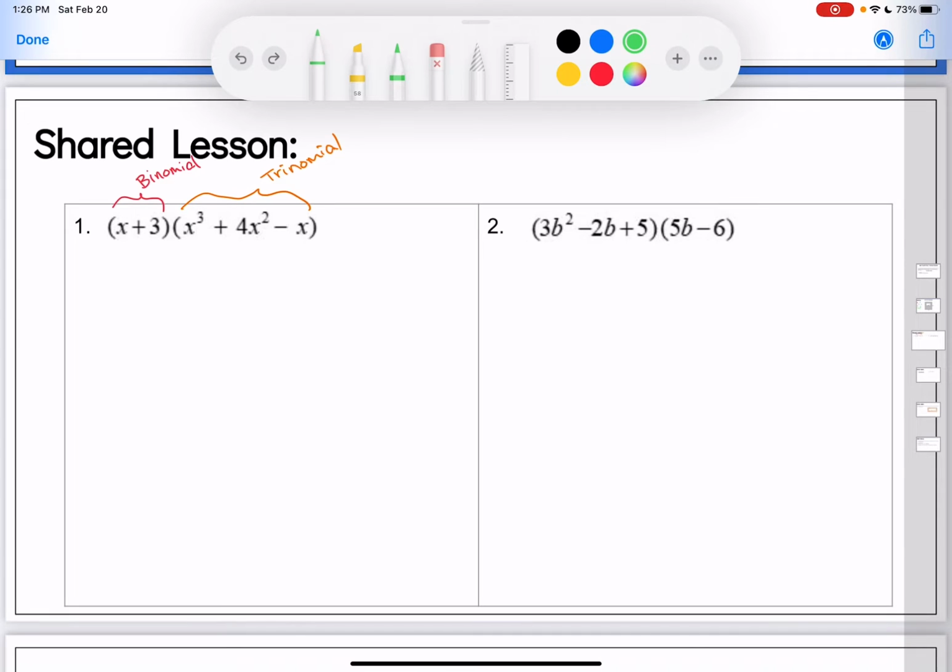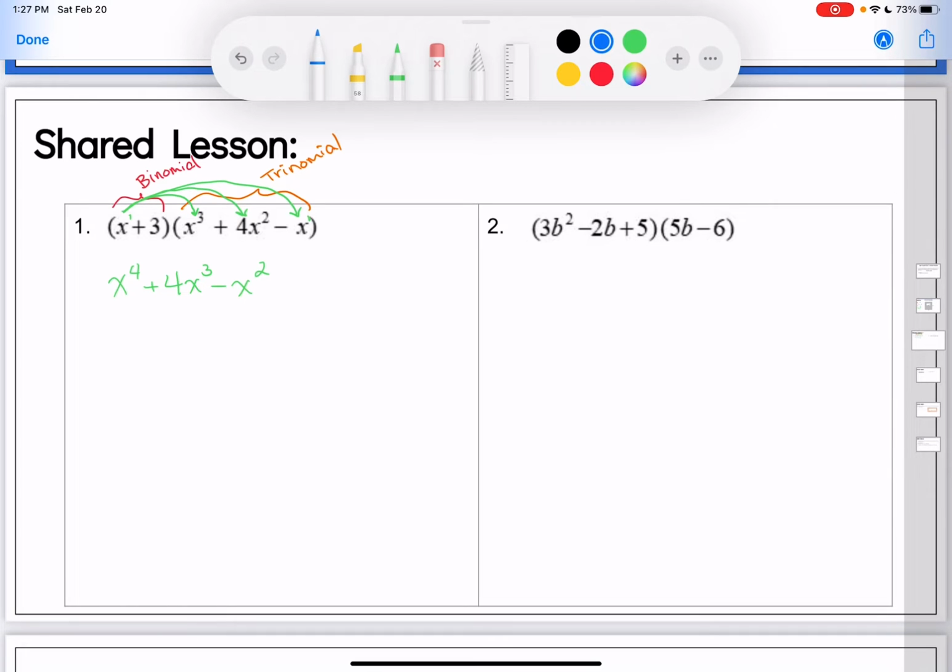So I start with the first term x in my binomial and I multiply it to every term in my trinomial. So x times x to the third, x to the fourth. Then I have x times 4x squared, gives me 4x to the third, because this is really x to the first. And then I have x times negative x would give me negative x squared.